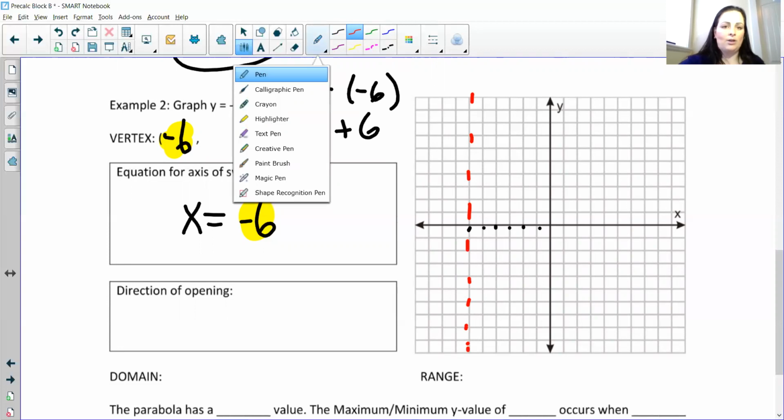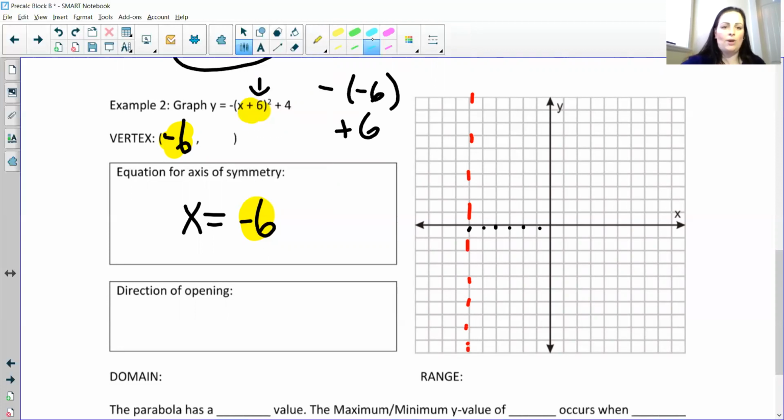And we've been given the whole equation, so we actually know where it falls on that line, because the number in the k position of that format is +4. So that means that the vertex happens when x is -6 and y is +4.